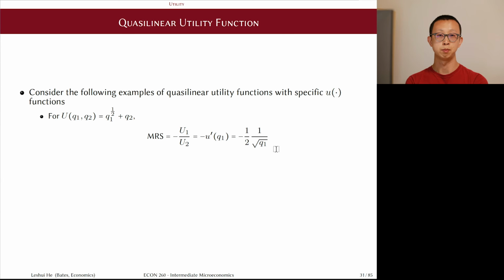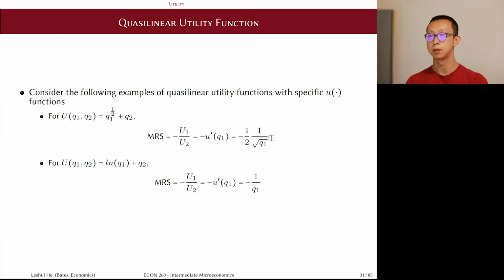This algebra should be familiar by now because we've done exactly the same thing when we calculated marginal utility with the Cobb-Douglas utility function when q1 has a power of 1/2. This is more or less exactly the same calculus as before. Now, because the marginal rate of substitution is just minus this little derivative of the square root function, the marginal rate of substitution is simply this.